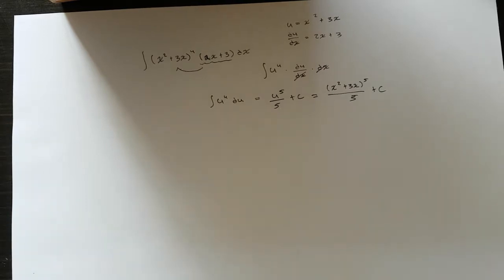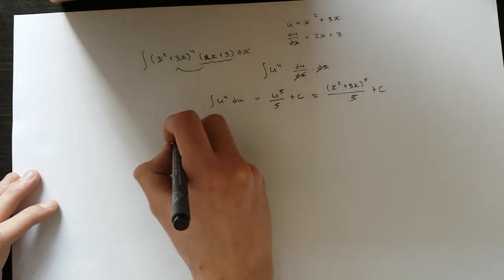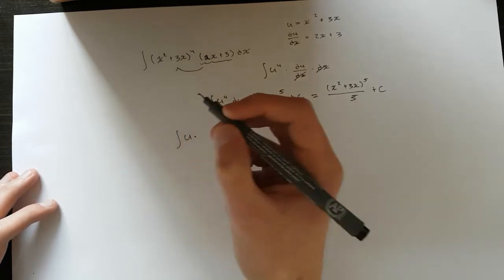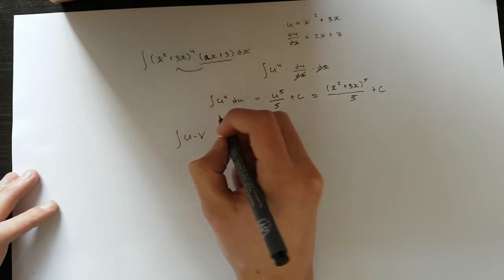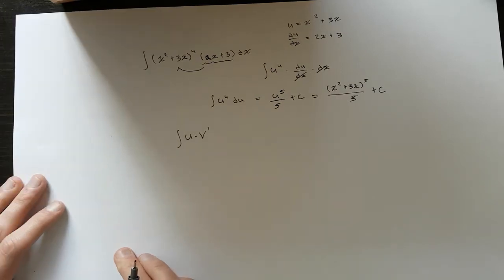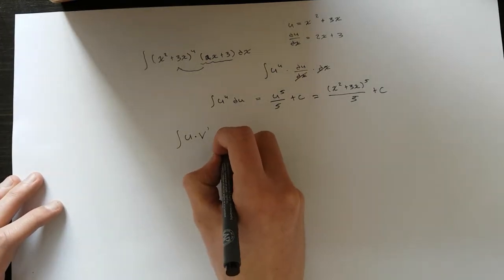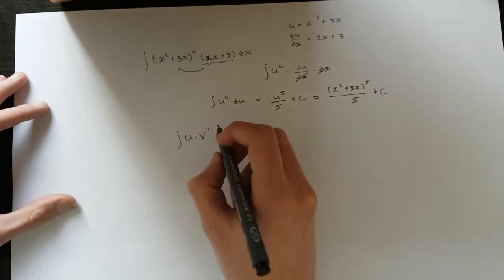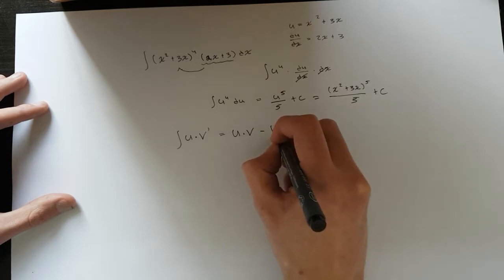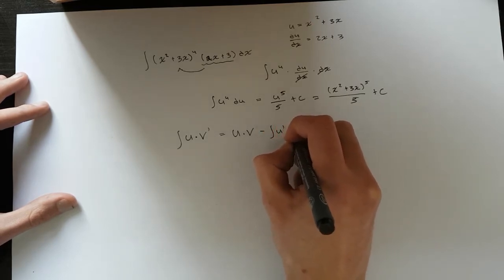Integration by parts is a result of the product rule for derivatives. I'm not going to give a proof for it now, but it's really intuitive. Basically, if you have an integral of a u function times v dash, the derivative of v, then it is equal to u times v minus the integral of the derivative of u times v.